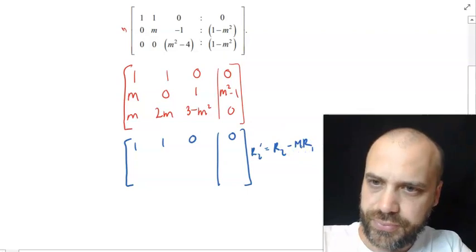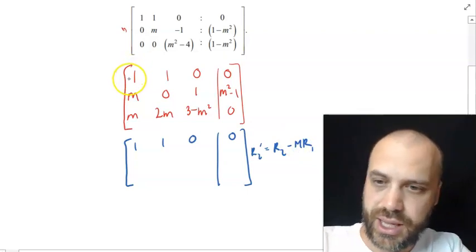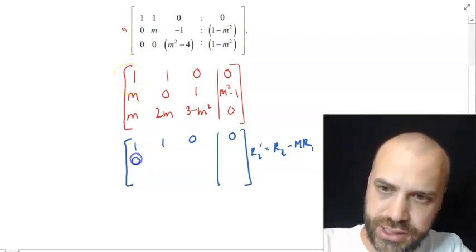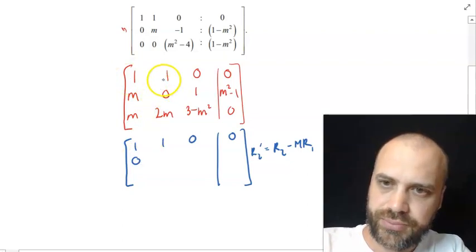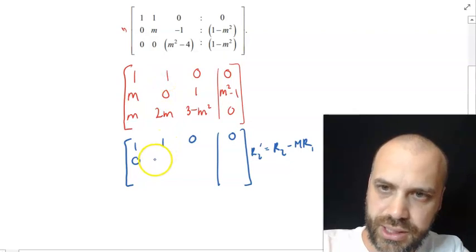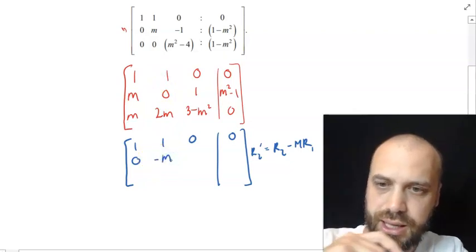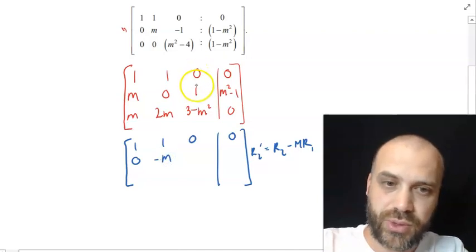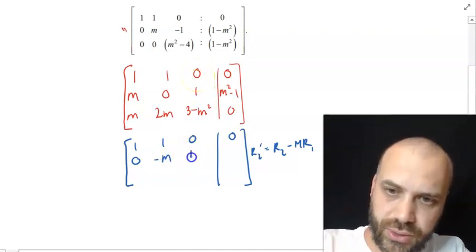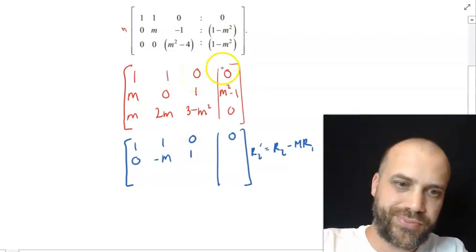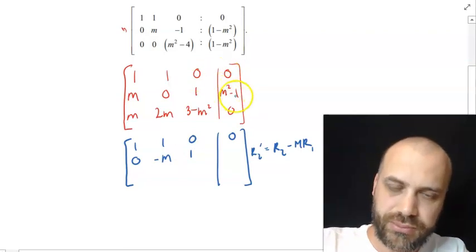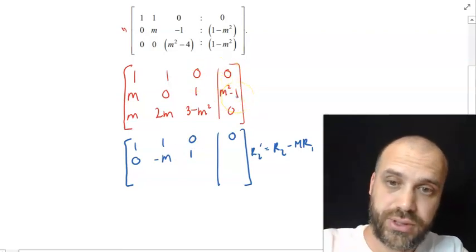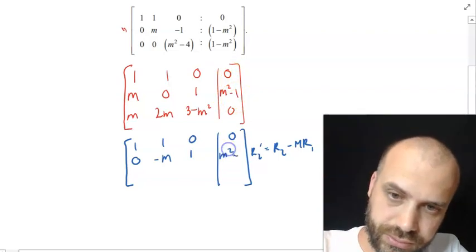So 1 times m is m, m minus m is 0. 1 times m is m, 0 minus m is minus m. Okay. 0 times m is 0, 1 minus 0 is 1, and m times 0 is 0, m squared minus 1 minus 0 is m squared minus 1.